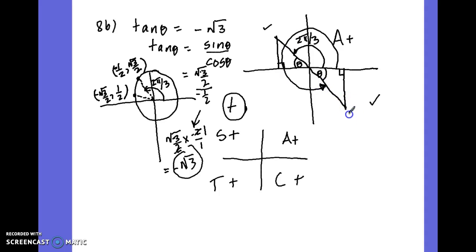And you're going to be looking for something similar over here, where your sine will be negative root 3 over 2, and your cosine will be positive because it's the fourth quadrant, 1/2. So this is negative.